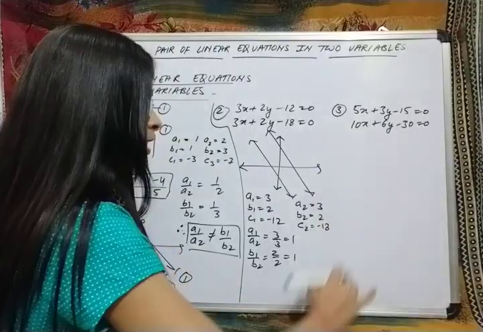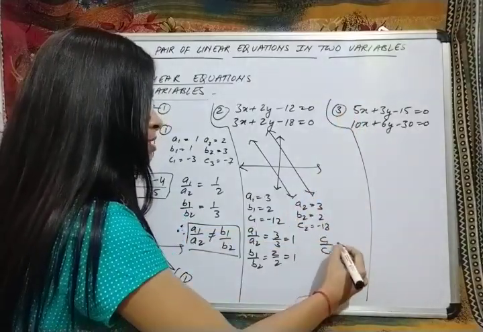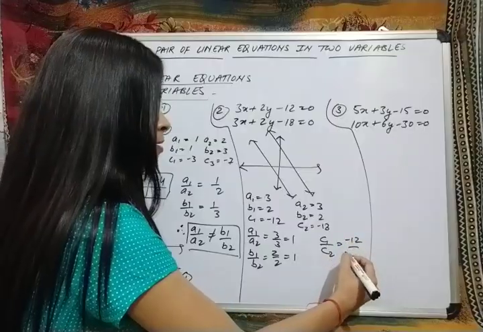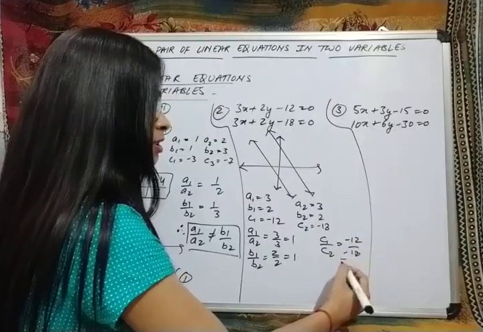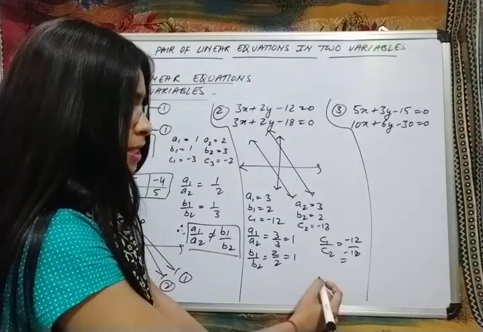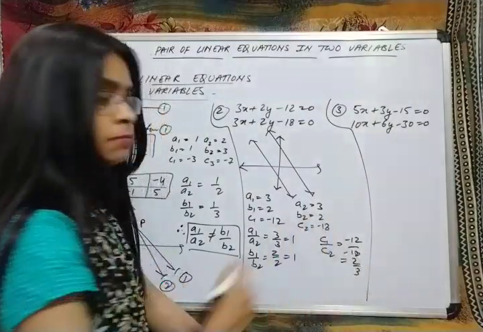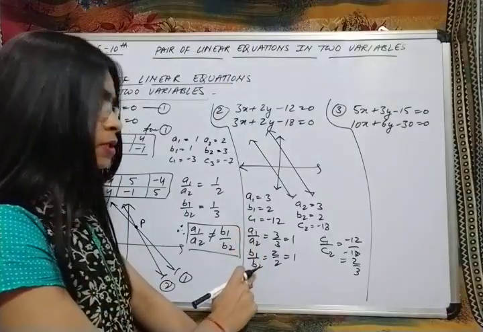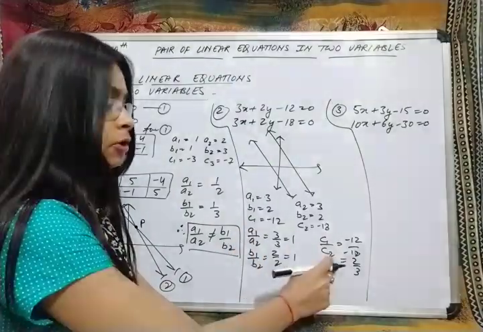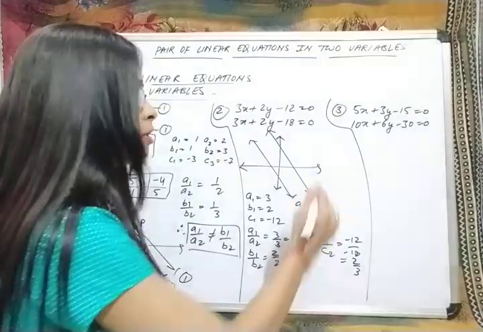Similarly, if I find C1 upon C2, that is minus 12 by minus 18, this will be 4 by 6, and again 2 by 3. So here A1 upon A2 is equal to B1 upon B2 but not equal to C1 upon C2. So what is the condition for this?